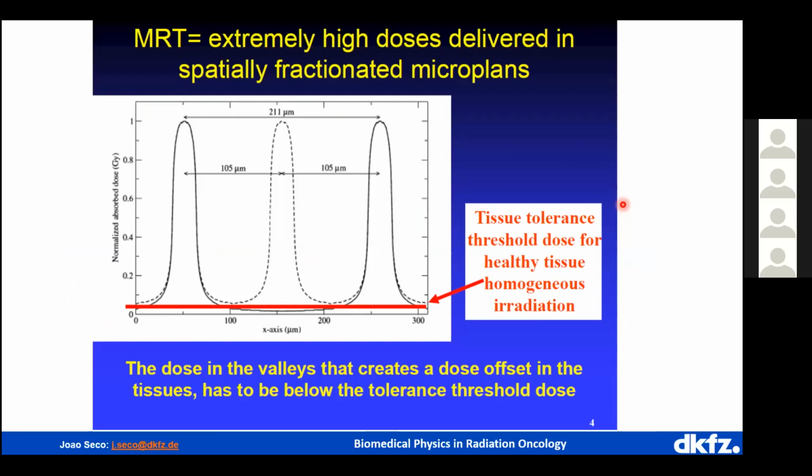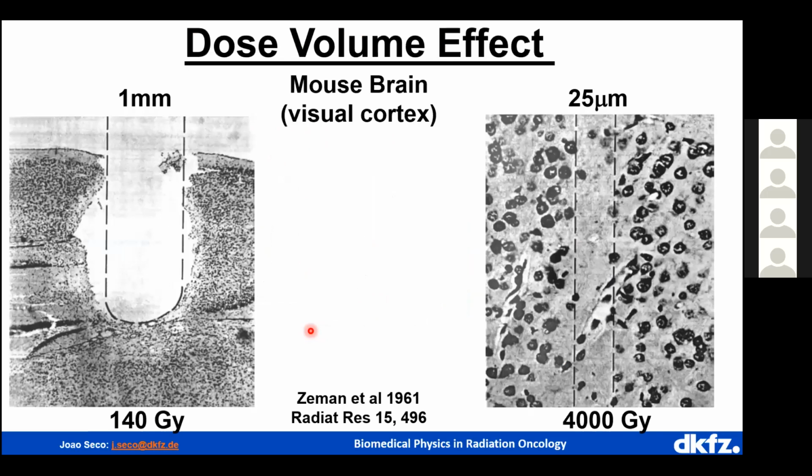The amazing thing is that if you deliver radiation in so-called mini beams or microbeams, you can deliver extremely high doses with very little side effects. You can deliver a few hundred gray in these peaks with very little side effects in the valleys to the organ. And this is almost unheard of.